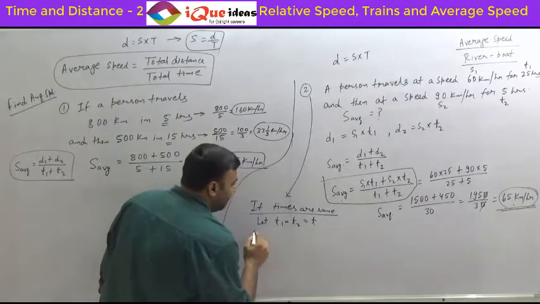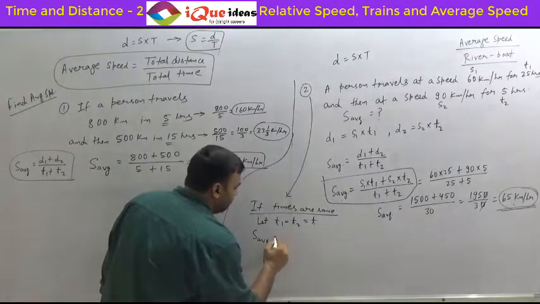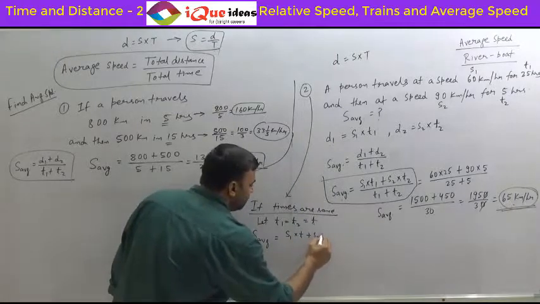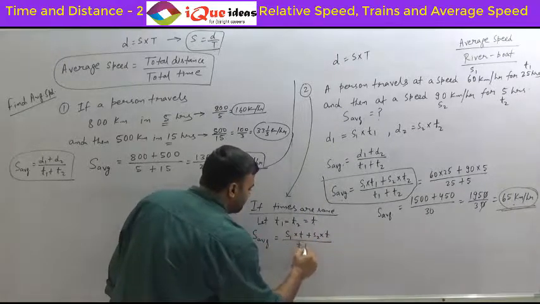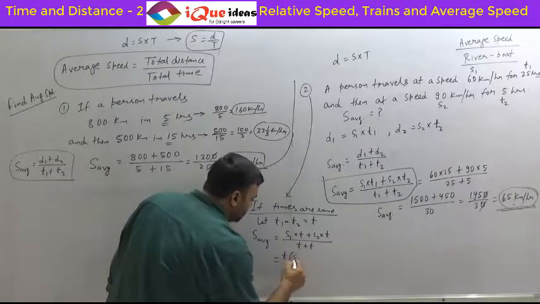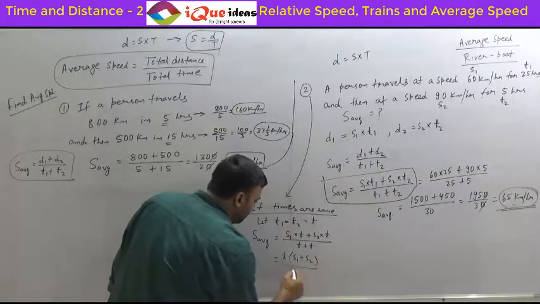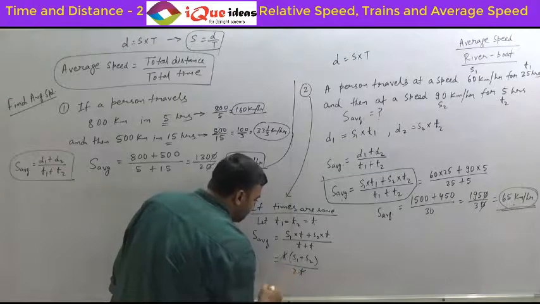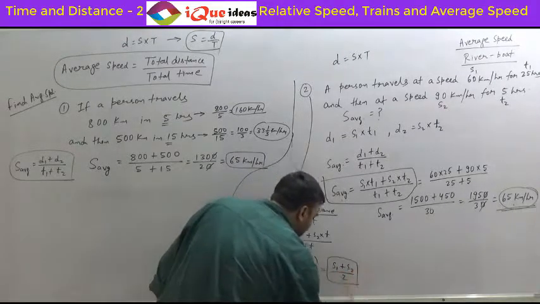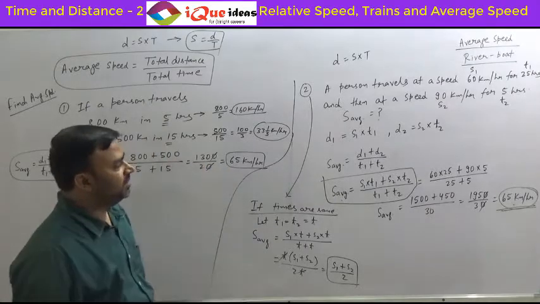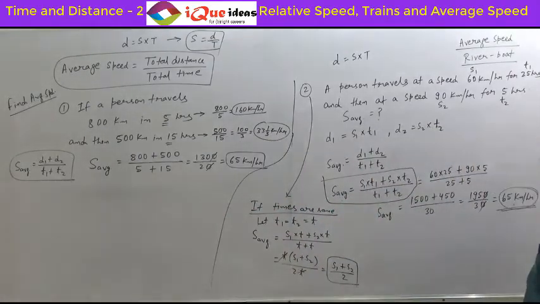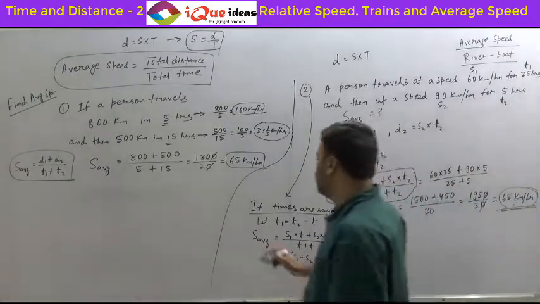Average speed will become equal to S1 into T plus S2 into T divided by T plus T. So T common, and the denominator will have 2T. So it is T common, S1 plus S2, and we will have 2T. So T gets cancelled and we get S1 plus S2 by 2. So that means if the times are same, then average speed is equal to average of the speeds. Not always. So this is a special case.